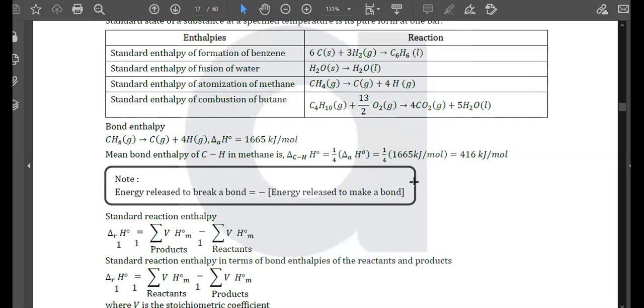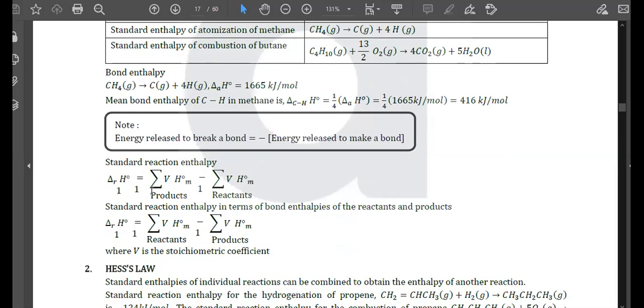If you're forming a bond, then energy is released. So the energy in breaking a bond is always the negative of the energy released to make a bond. The standard reaction enthalpy is product minus reactant, but when you talk about bond enthalpies, it is reactant minus product.